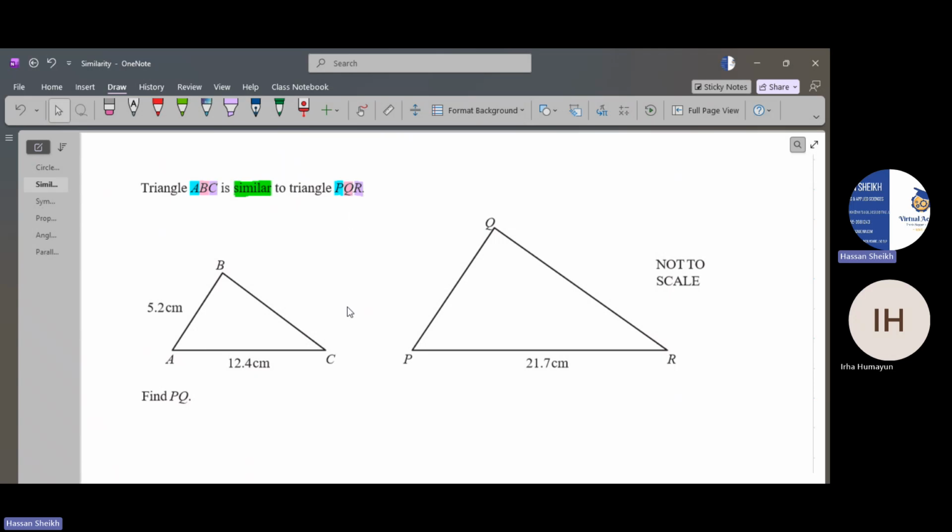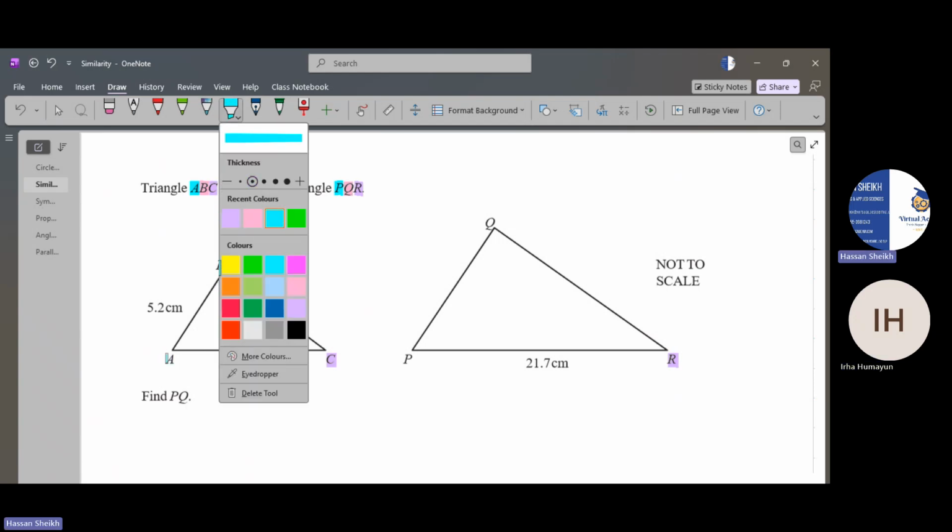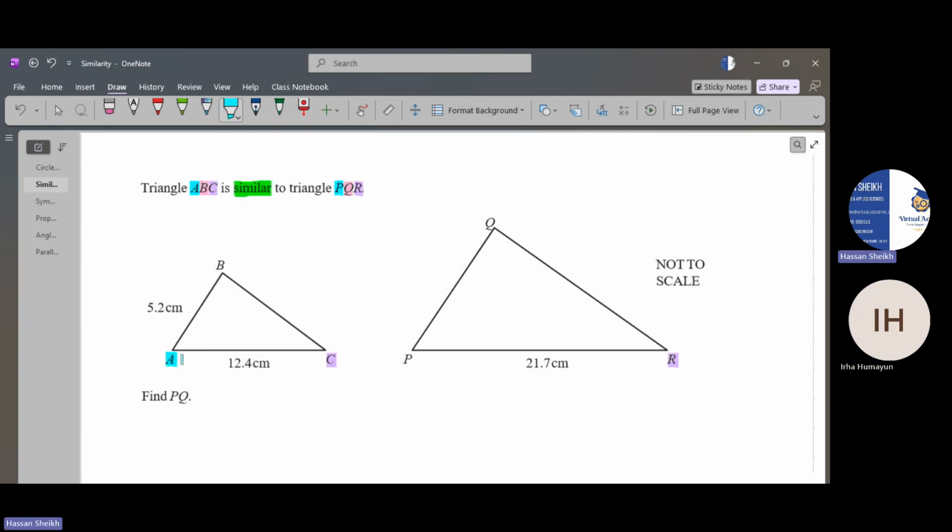So do you agree that PR corresponds to AC? Yes, sir. This is a very easy question. Sometimes they rotate the triangle, sometimes they change the vertices just to give students a tricky question.